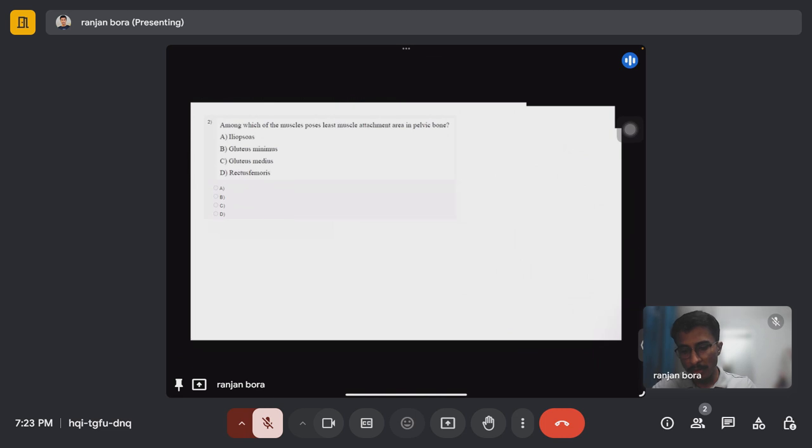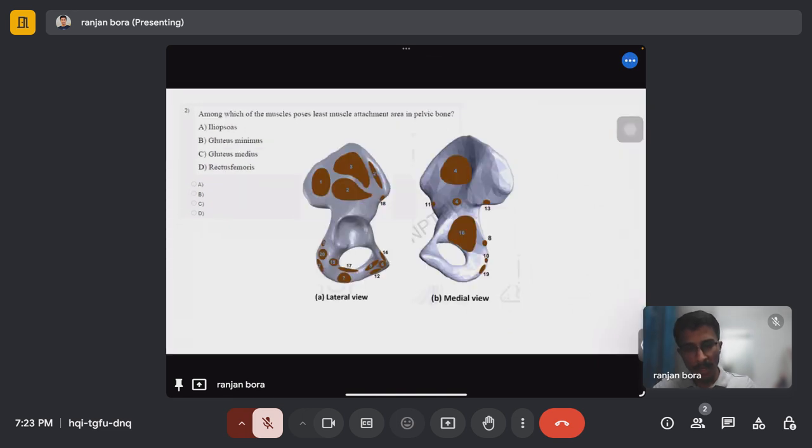Next question: among which of the muscles possess least muscle attachment area in pelvic bone? These are 4 muscle attachment areas in pelvic bone. If we see the anatomy of the pelvic bone, this is the lateral view, and this is the medial view, and there are various muscles which get attached to the bone.